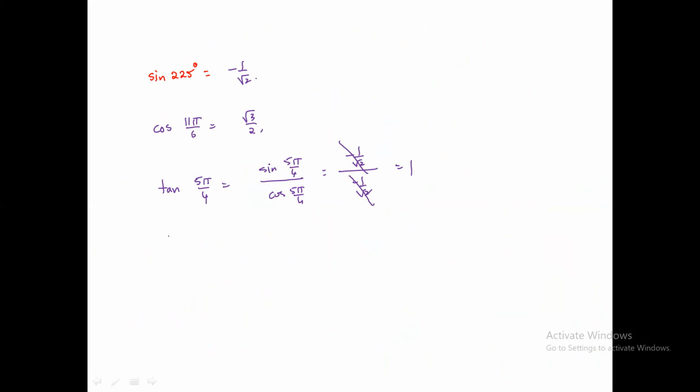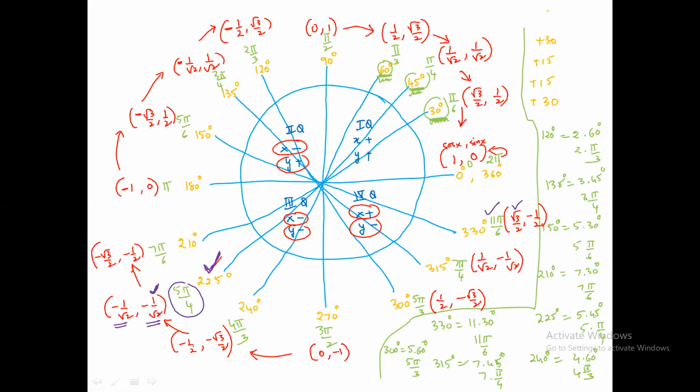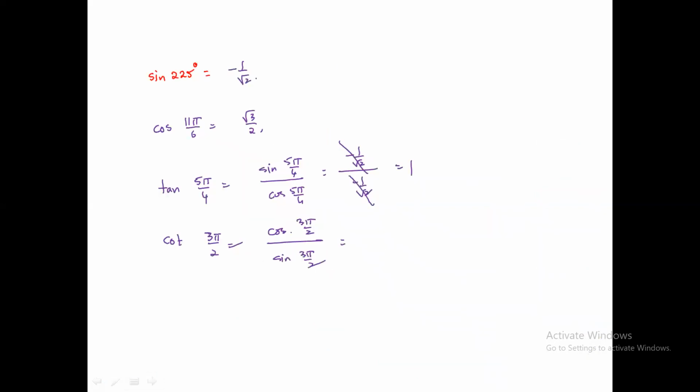Similarly, you can do it for cot also. If I ask you what is cot 3 pi by 2, I have to take cos 3 pi by 2 by sine 3 pi by 2. Where is 3 pi by 2? See here, this is 3 pi by 2. Cos is 0, sine is minus 1. Cos 0, sine minus 1, so it will be 0.